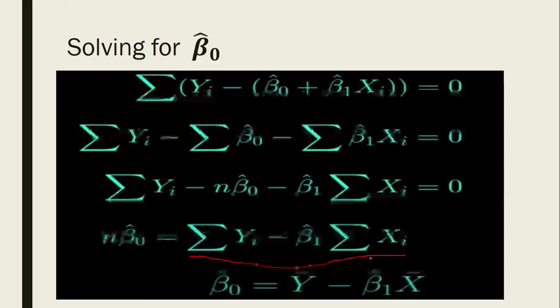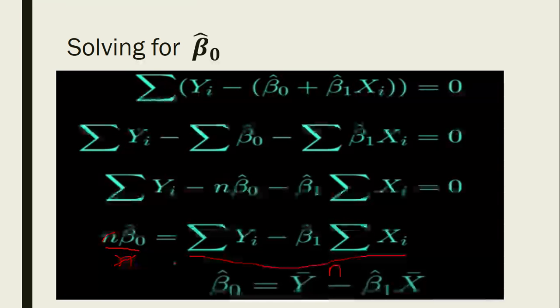You can say that if I divide this side by n, and also divide the left hand side of the equation by n, so here n is cancelled out with n. And here we get this.